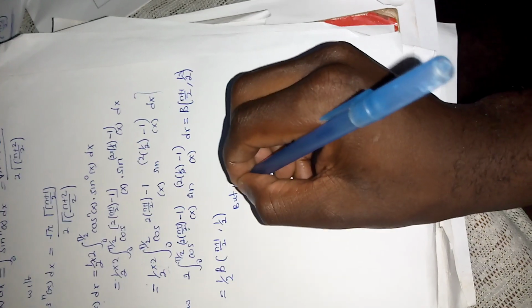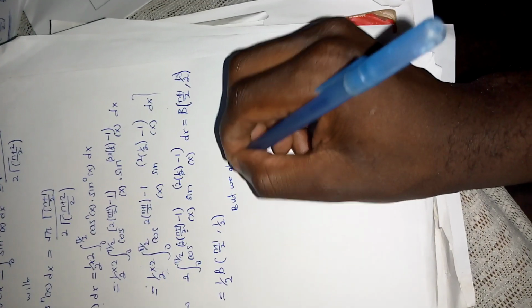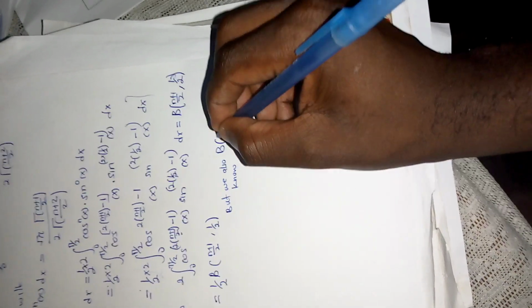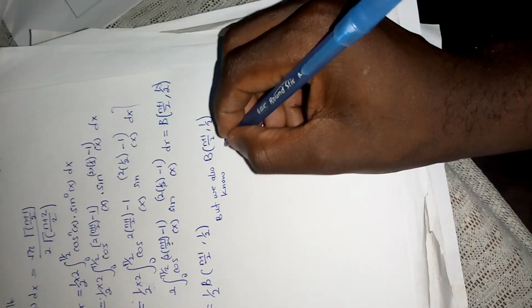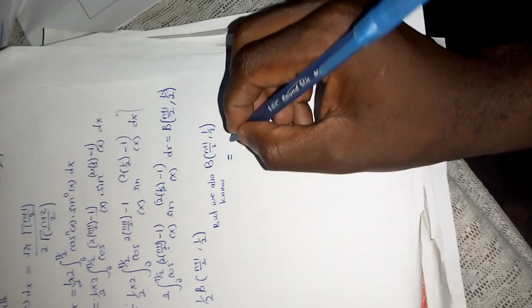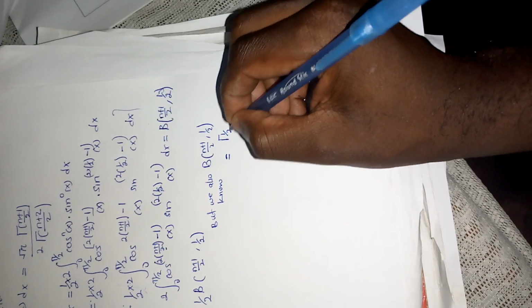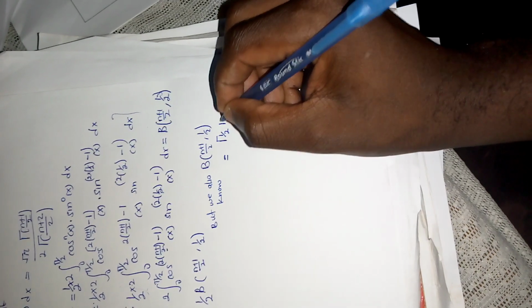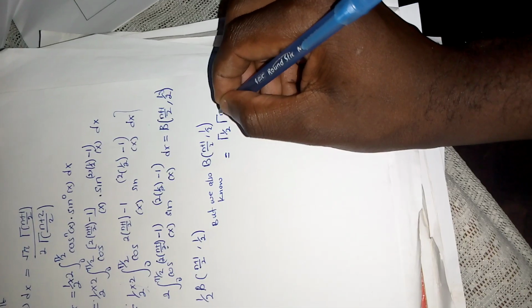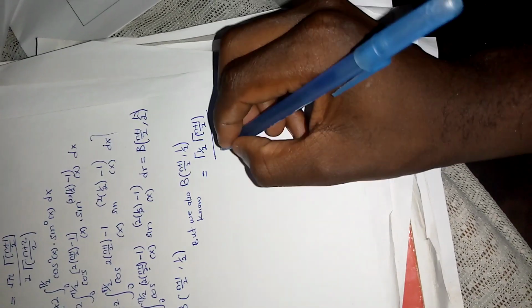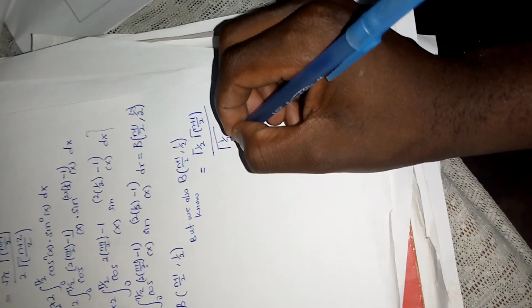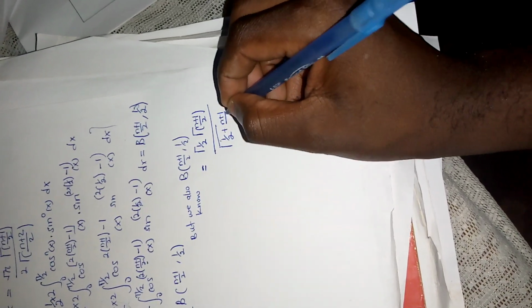But we also know that beta of (n plus 1) over 2 and a half is the same as gamma half gamma of (n plus 1) over 2, divided by gamma of a half plus (n plus 1) over 2.